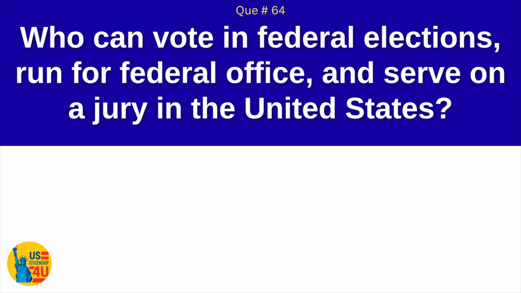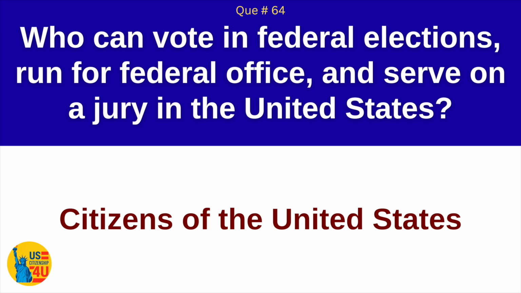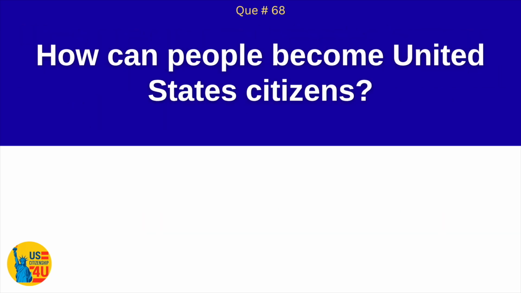Who can vote in federal elections, run for federal office, and serve on a jury in the United States? Citizens of the United States. How can people become United States citizens?